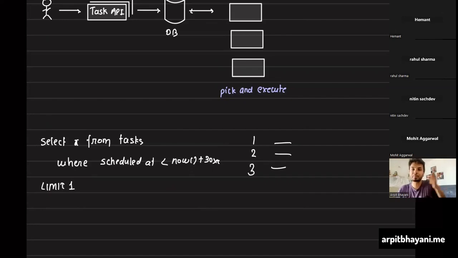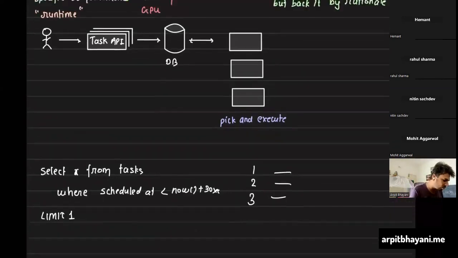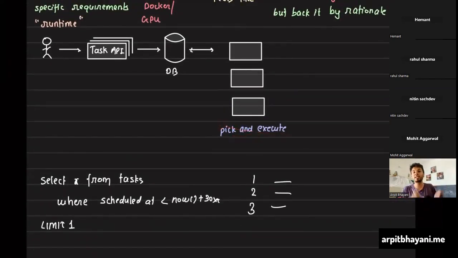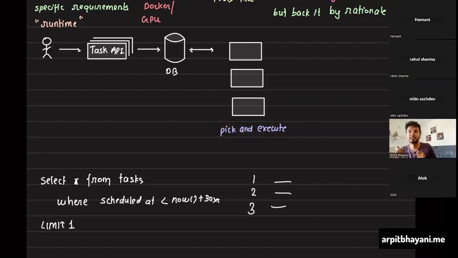So the same task is picked for execution by multiple machines. Classic concurrency problem, because now you have multiple machines constantly picking tasks. So you need to handle concurrency.